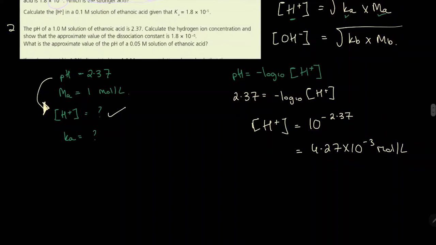Now we need to find Ka. So we're going to go back to this formula. I have the concentration now, I have the molarity of the acid, and I need to find this. So we're just going to sub in.